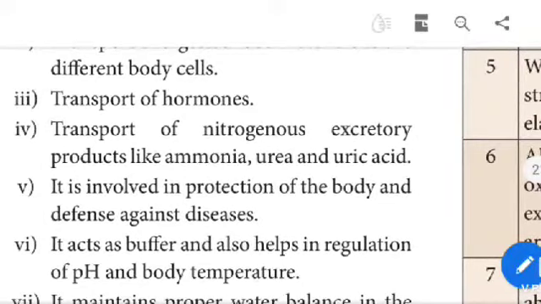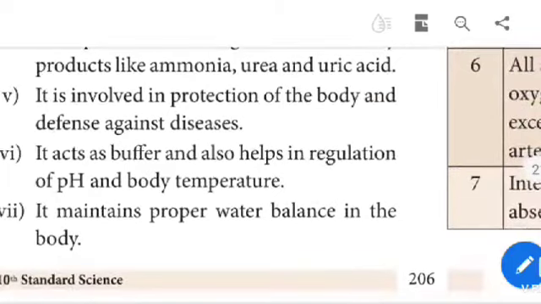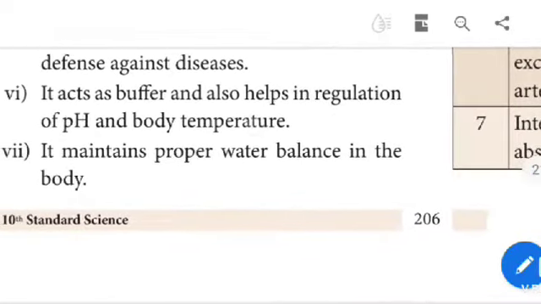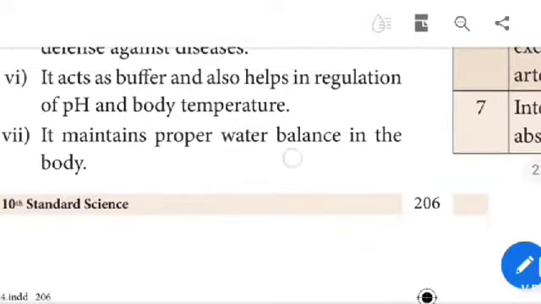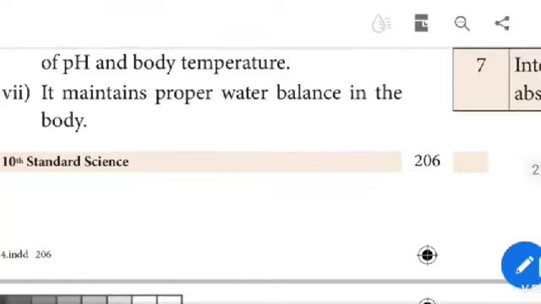It is involved in defense against disease. It acts as a buffer and also helps in regulation of pH and body temperature. It maintains proper water balance in the body.